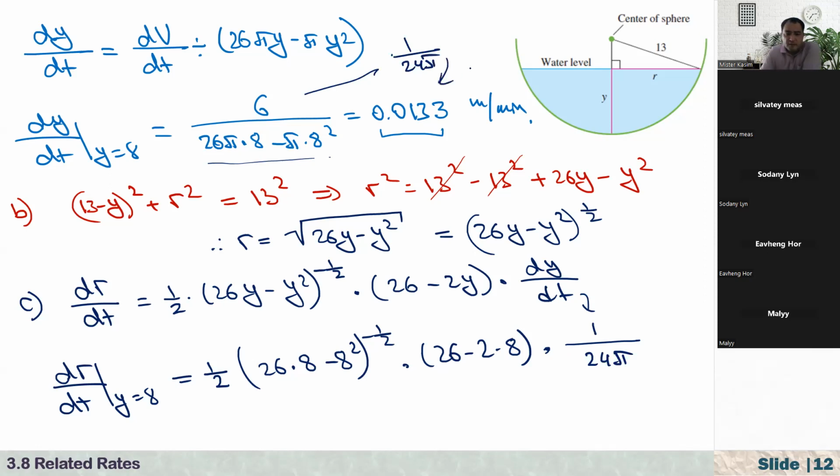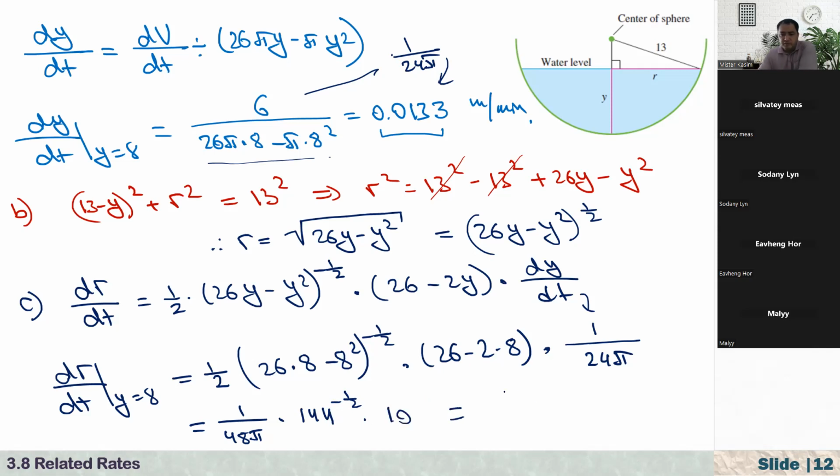Now if you simplify this, here we have 1/2 times 1/(24 pi), so let me write it as 1 over 48 pi times 26 times 8 minus 64, which is 144, to the power of minus 1/2, times 26 minus 16, that's equal to 10.